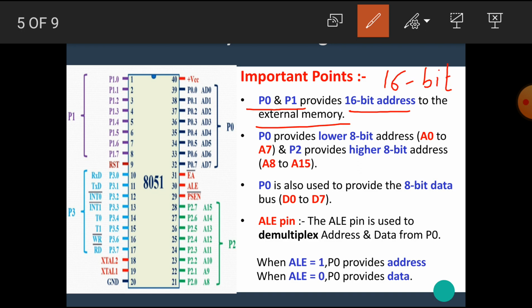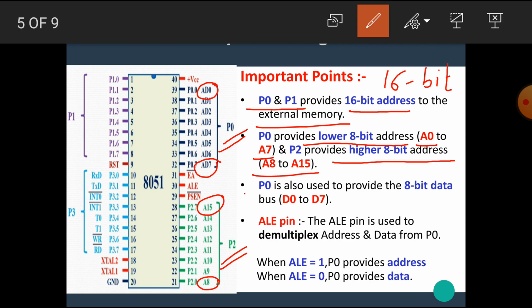This 16-bit address is divided into two ports, port P0 and port P2, where port P0 provides the lower 8-bit address A0 to A7 and port P2 provides the higher 8-bit addresses A8 to A15.